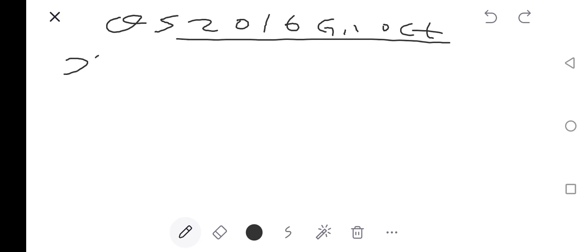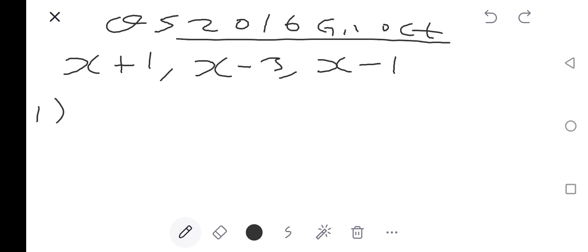We've been given x plus 1, another term x minus 3, another term x minus 1. They want us to find the value of x. The first question said find the value of x under geometric progression.